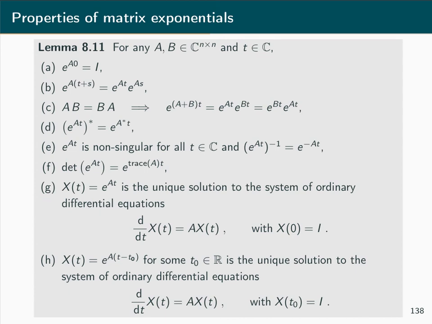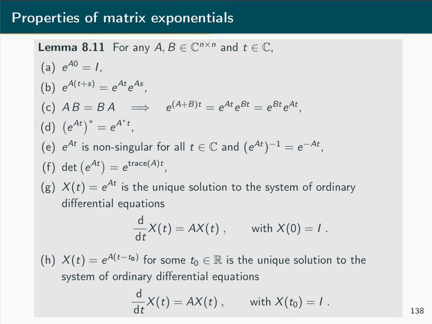G is the part where it really gets interesting with respect to linear systems, namely x of t defined as e to the At is the unique solution to the system of ordinary differential equations given by d/dt of x of t is equal to A times x of t, with the initial value x of 0 being equal to the identity.